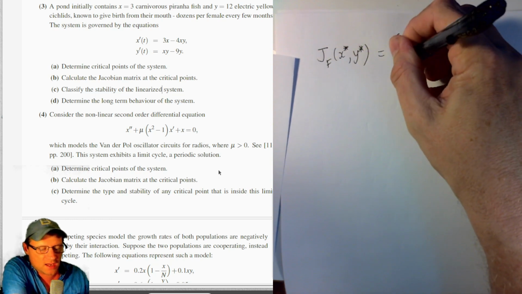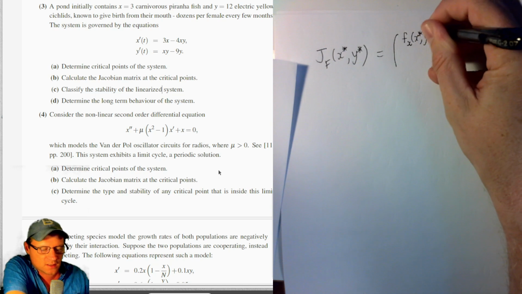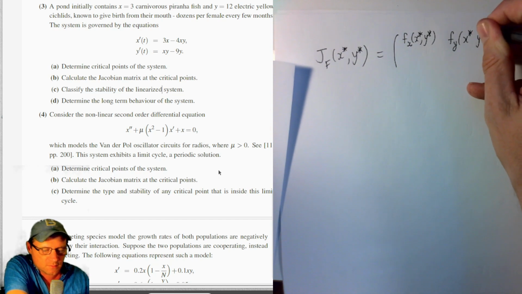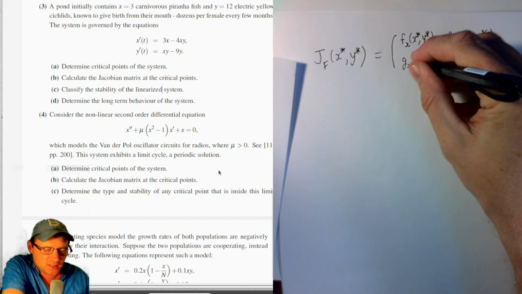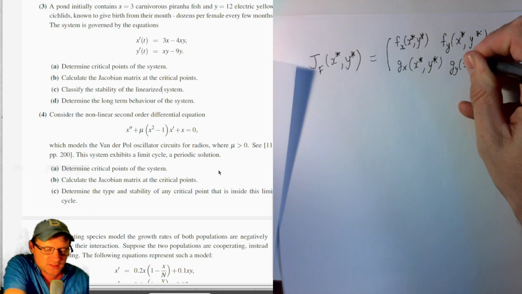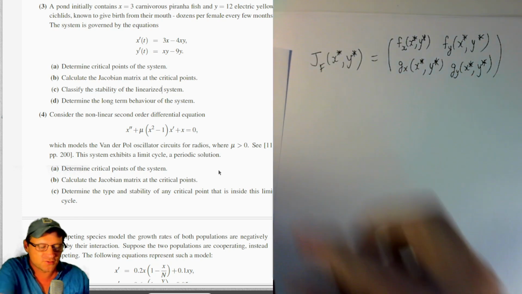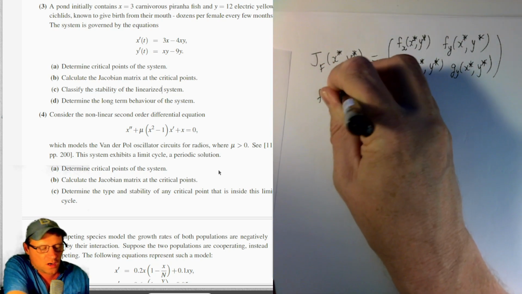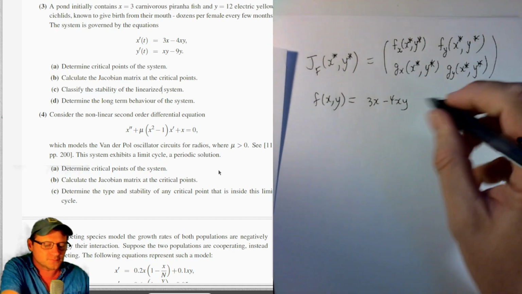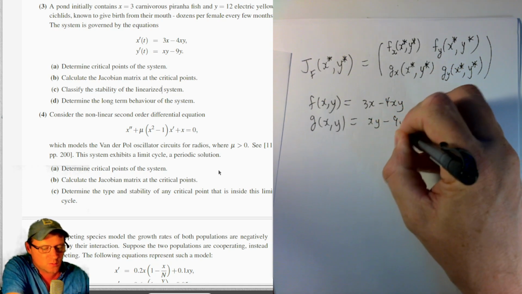So we have F subscript x at (x*, y*), F subscript y at (x*, y*), G subscript x at (x*, y*), and G subscript y at (x*, y*). Here F of x and y is equal to x dash, which is 3x minus 4xy, and G of x and y is y dash, which is xy minus 9y.